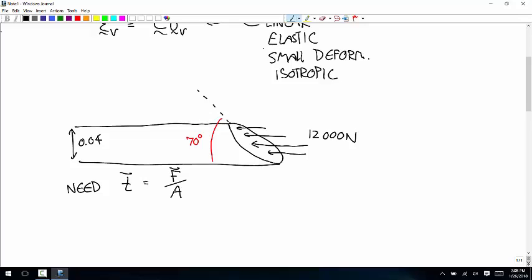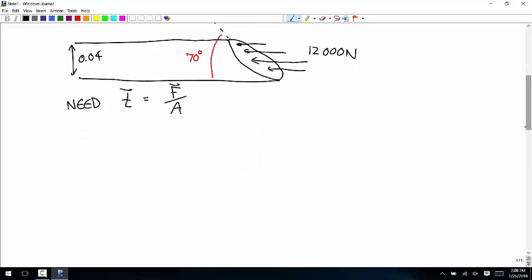So we just have to figure out what the area of that shape is. If you think about what happens when you cut it at an angle, you're going to get an ellipse. And here's the relationship between the cross-sectional area if you slice it like this, and the cross-sectional area if you slice it like this.